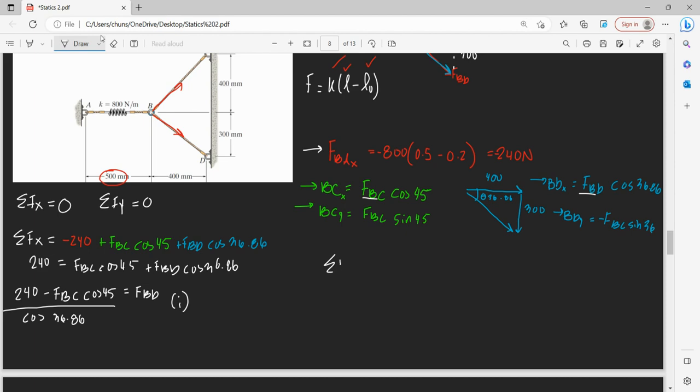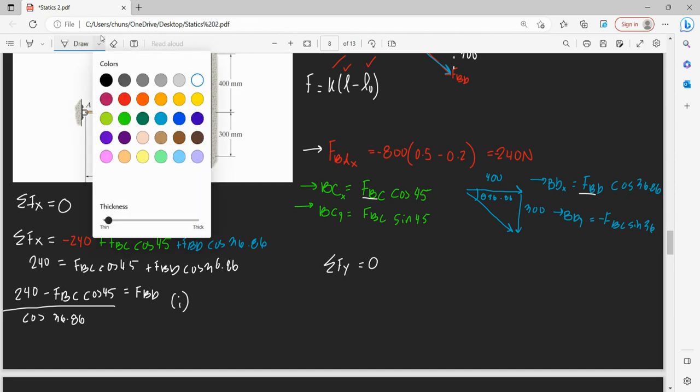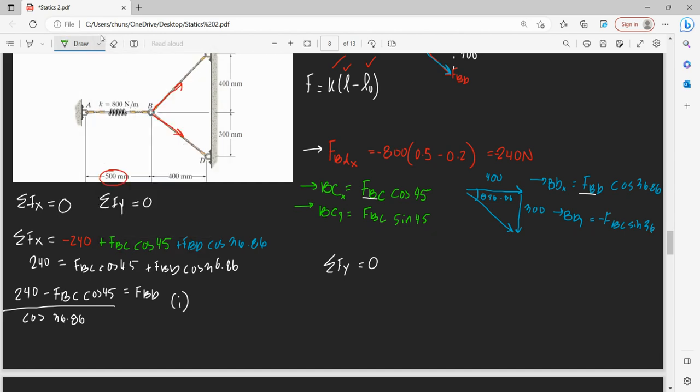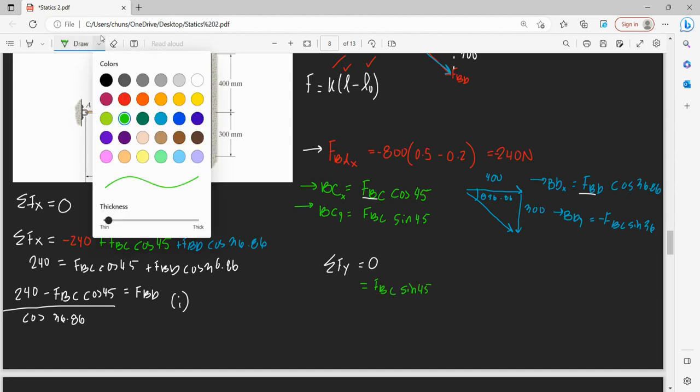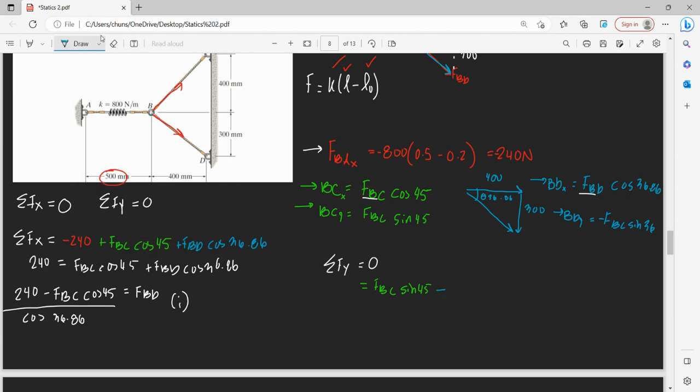And then when we solve for our sum of Fy, we have nothing for our spring, so we just have FBC sine 45 minus FBD sine 36.86.